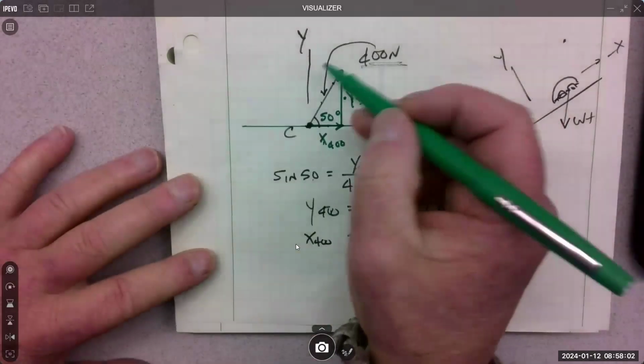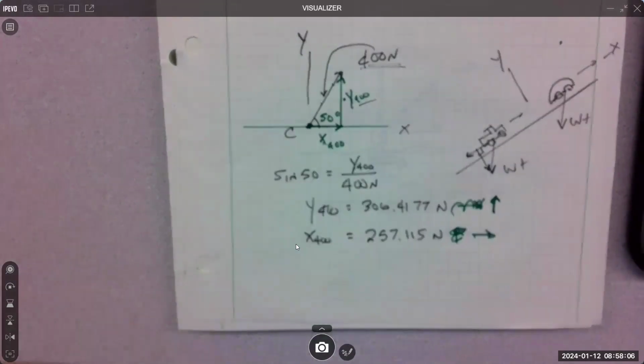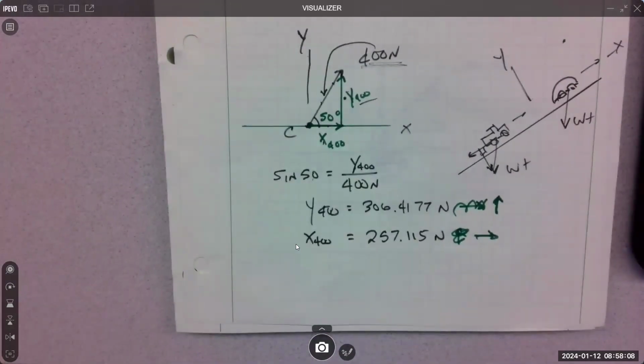And then when we have multiple vectors, this is how we add them. We collect all of the x effects and add them together. Some x effects will be negative, some will be positive, but then we'll get what we call Rx, the resultant x of a force system. Same with the y, we'll collect all those and end up with Ry.